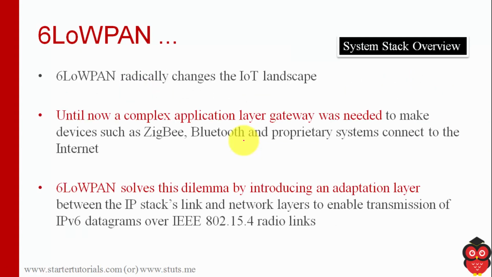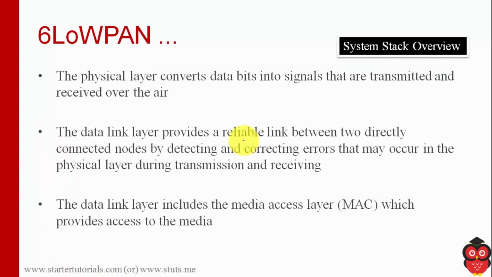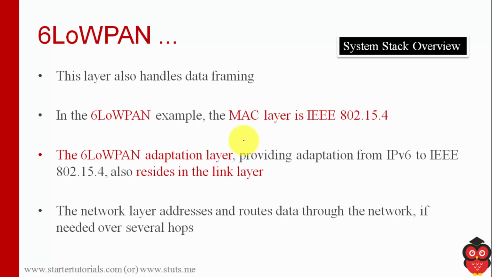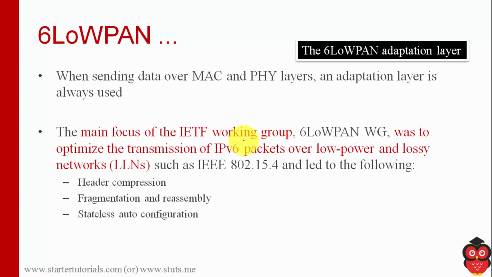And then we have seen the 6LoWPAN stack, which is like this, and then each layer on the stack. Then we have seen the challenges for conversion between IP version 6 and IEEE 802.15.4.